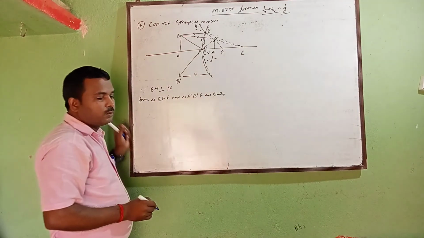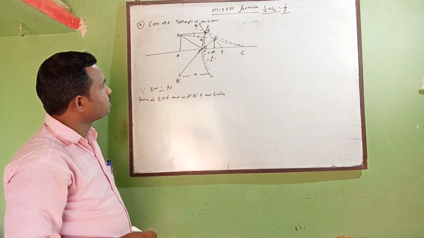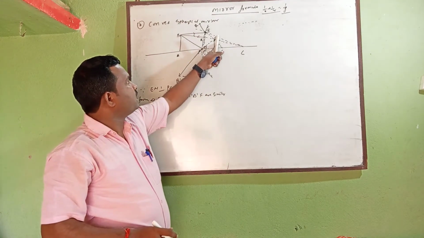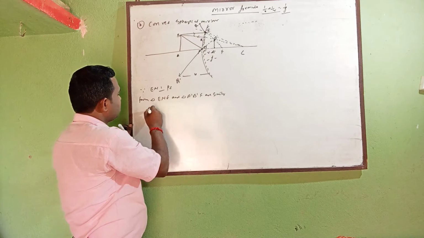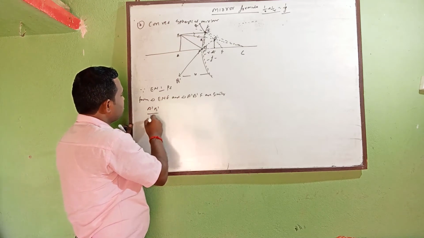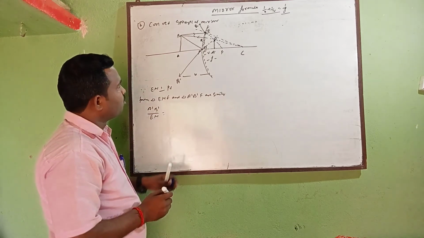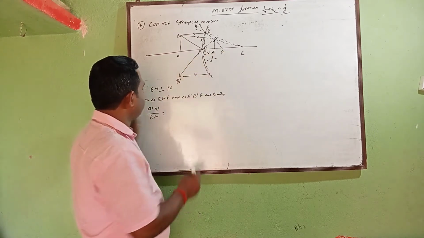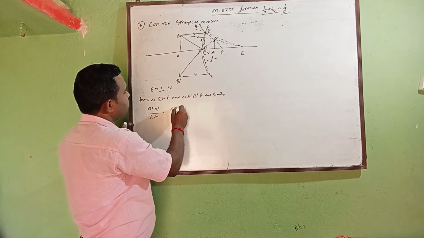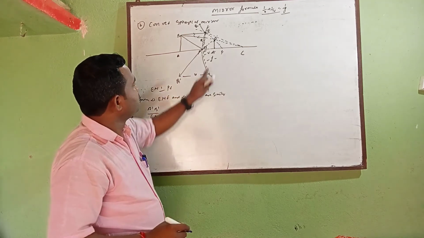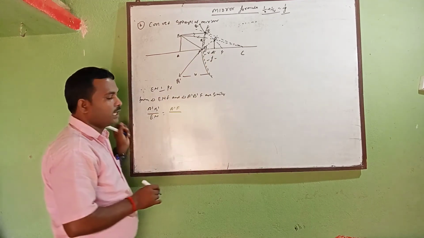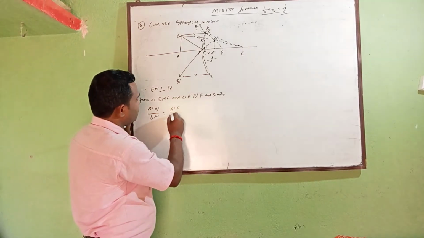If both are similar, same process, what will you write here? A dash B dash by EN. Yes, A dash B dash by EN. Very good. But here it will be A dash F divided by, in this triangle, what will you write? NF.